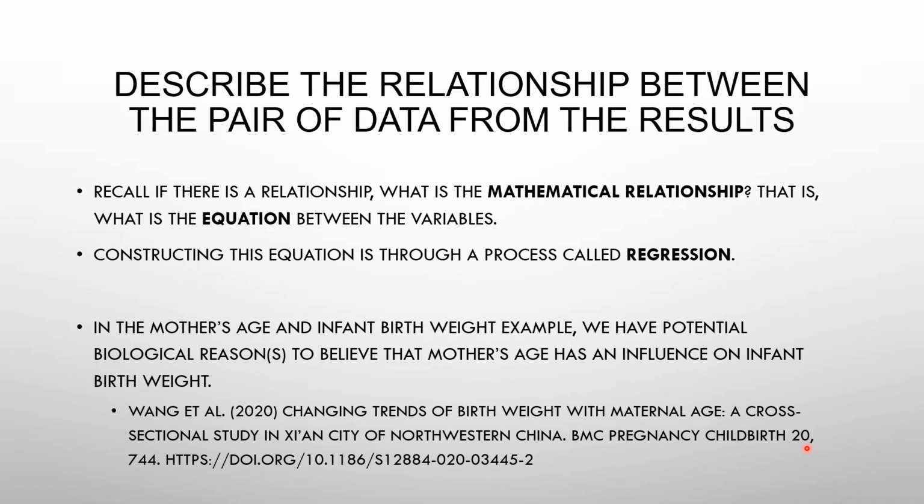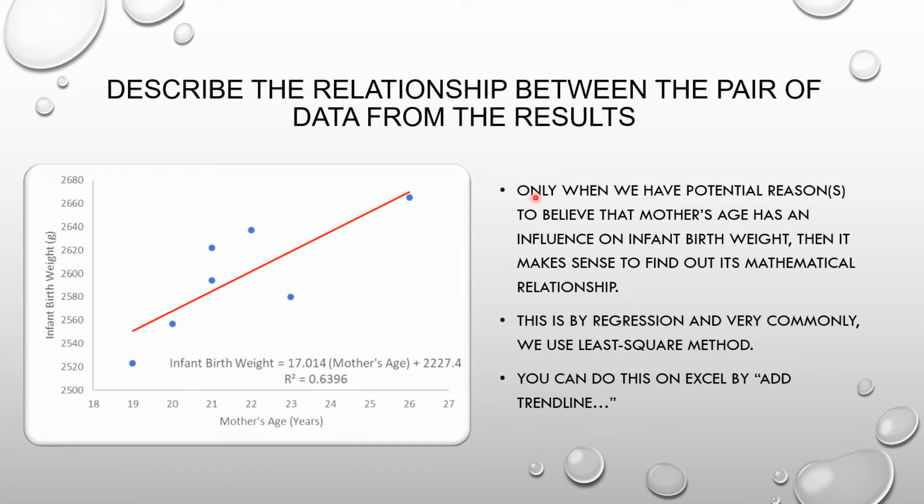So what is this relationship? We construct a best fit line for it through regression. Because we have potential reasons to believe that there is such a relation, we can construct a line. Very simply, we are trying to draw a linear line. A linear line will give you a general equation of y equals mx plus c.